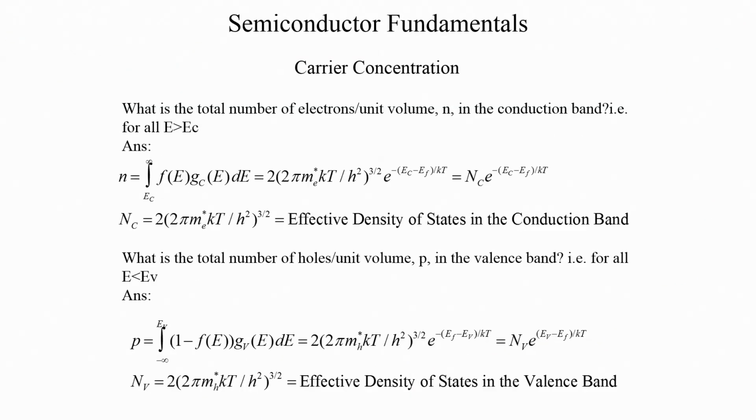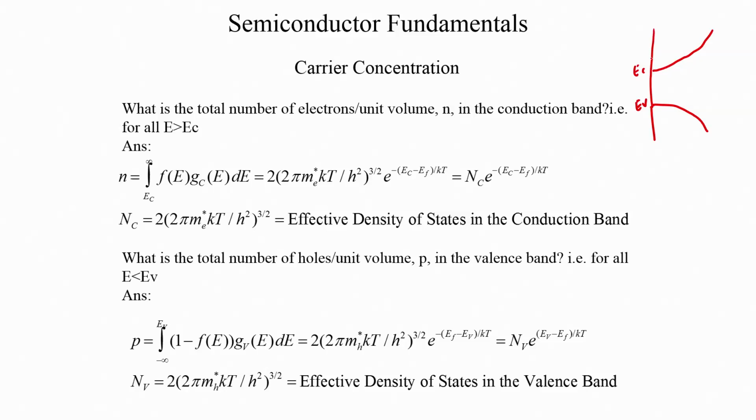Alright. So, now we are interested to find the current, and it is all the electrons above the conduction band edge that are going to contribute to the current, and all the holes below the valence band edge that are going to contribute to the current.